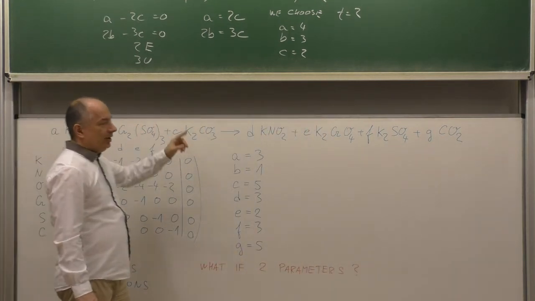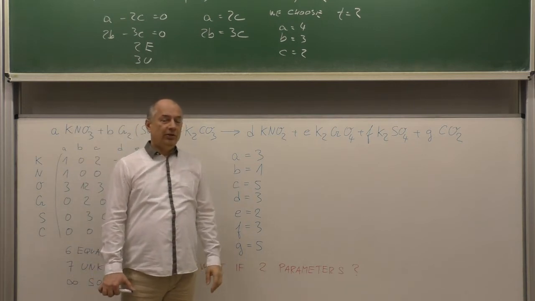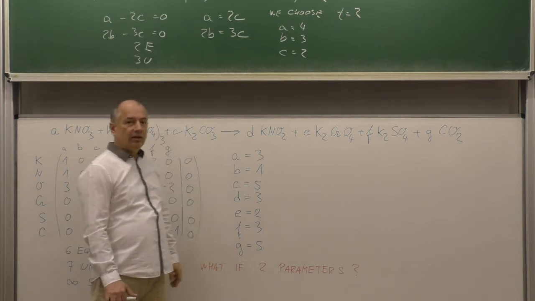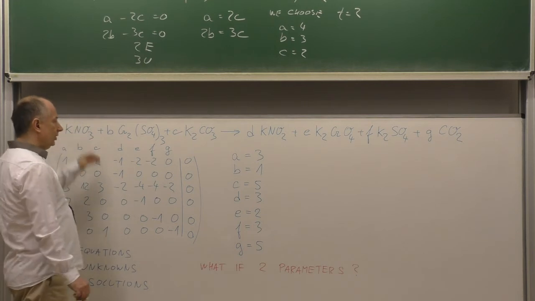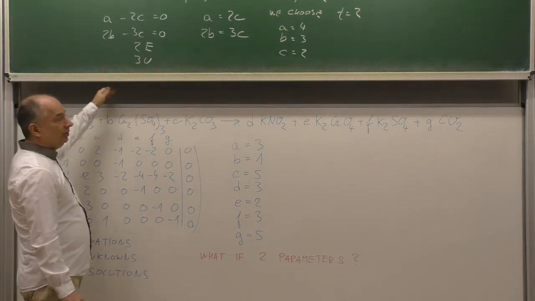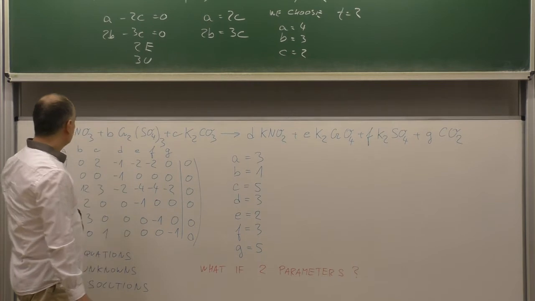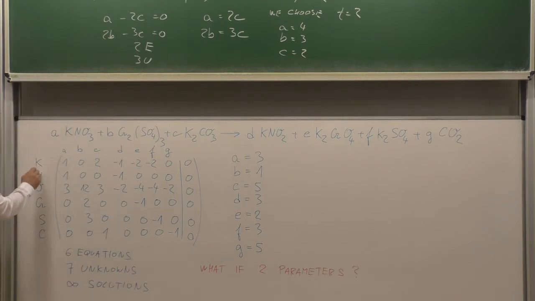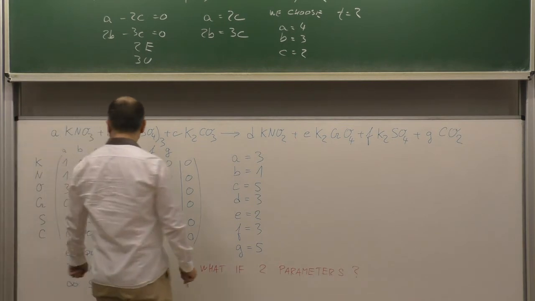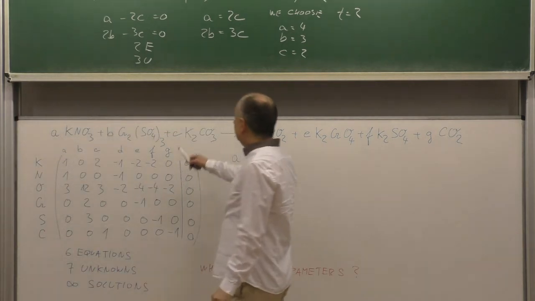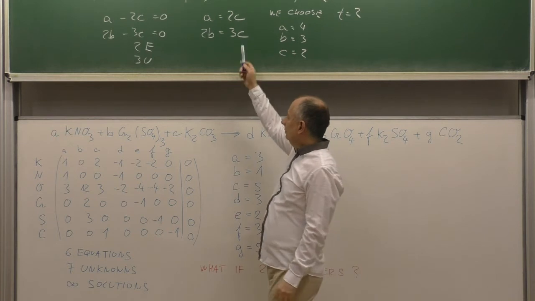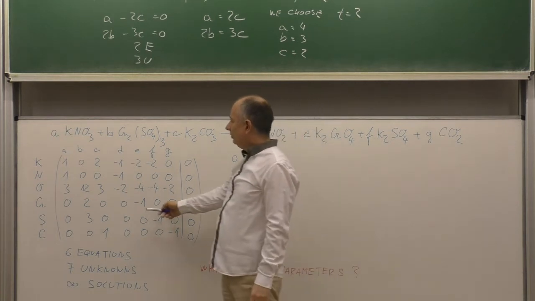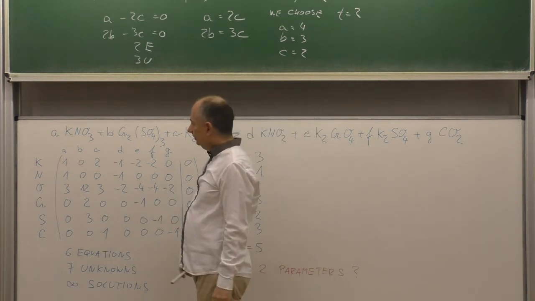Well, it's not so easy to guess the stoichiometric coefficients for this equation, is it? But we can use the same approach here. For these 6 elements, we can write an equation similar to this, and in the form of a matrix, it looks like that.